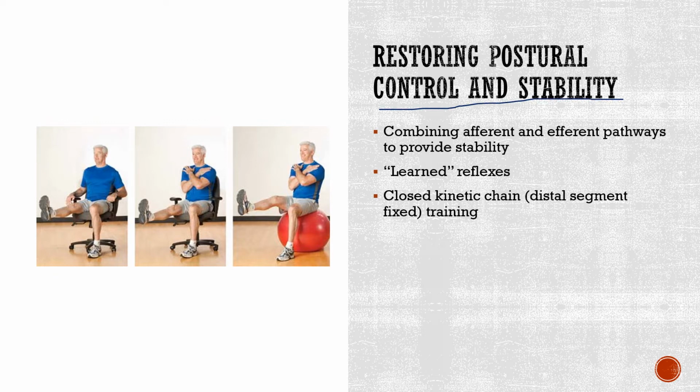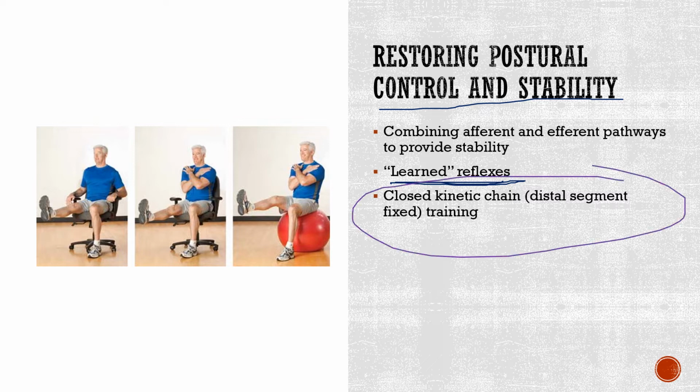And that's not just balance with regards to the lower extremity, but this idea of stability as well, where we have these learned reflexes that we can avoid the extremes of range of motion and contract those muscles to stop the extreme range of motion. And one of the best ways to do that is through closed kinetic chain activities.